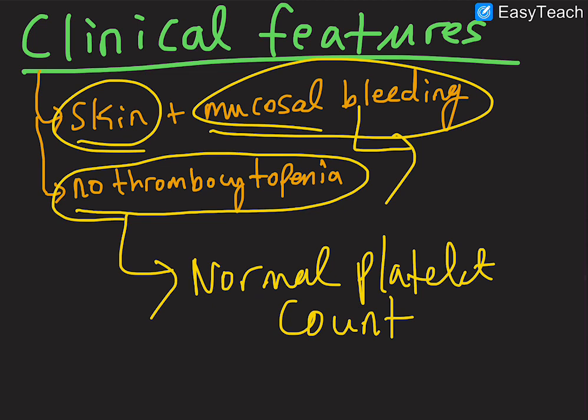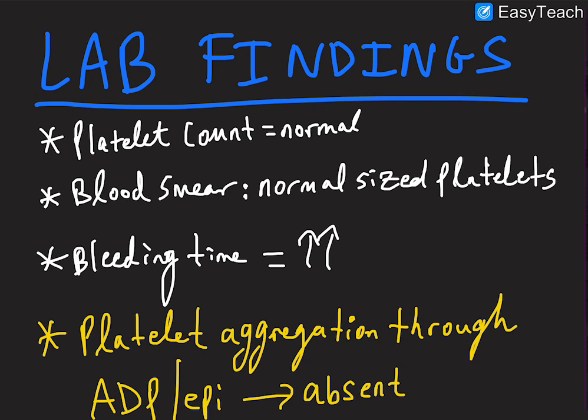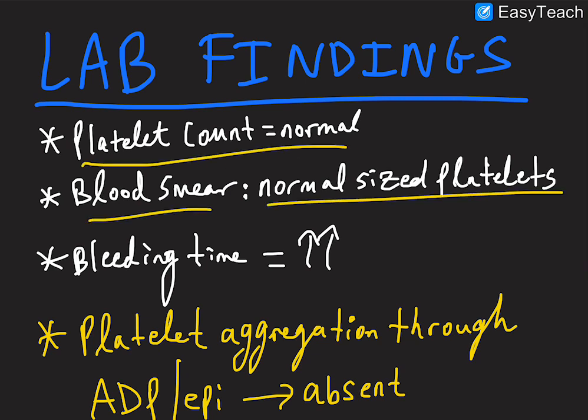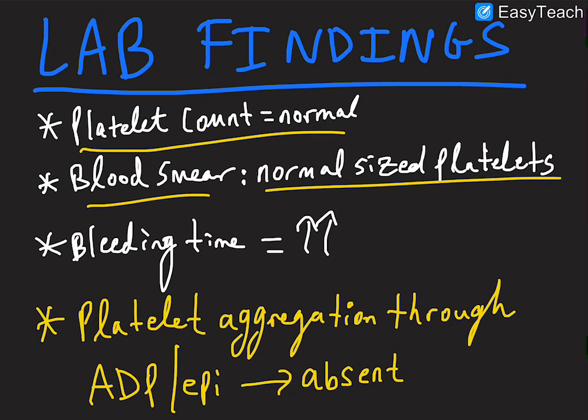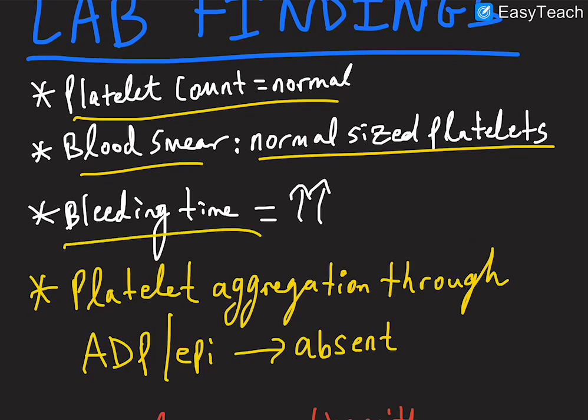You have functional glycoprotein 1b, so you can do normal platelet adhesion, but you just can't do platelet aggregation because you have defective glycoprotein 2b3a. If we talk about lab findings again, platelet count is normal, and the blood smear shows normal size platelets. If you compare this to Bernard-Soulier, we saw large platelets, but here we have normal platelet size. Now, because you can't do platelet aggregation properly, it makes sense you would have an elevated bleeding time.